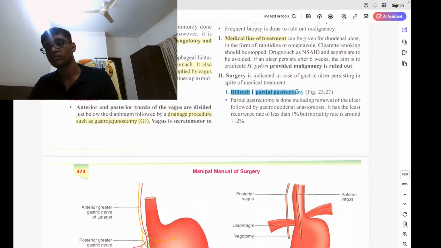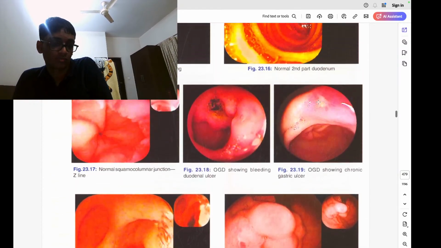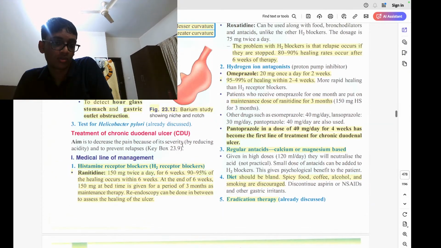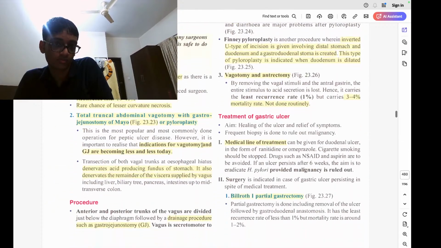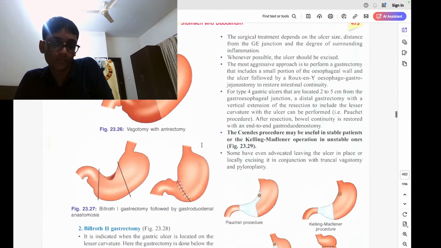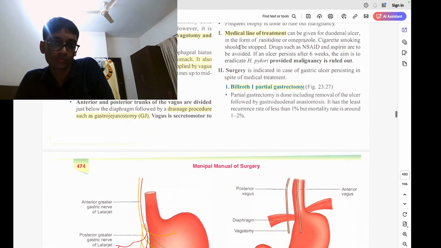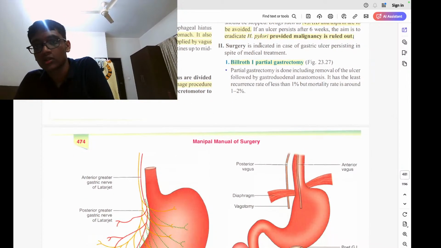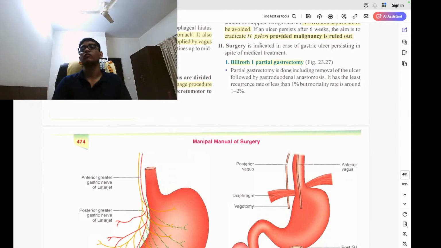Surgery is indicated in cases of gastric ulcer persisting in spite of medical treatment.